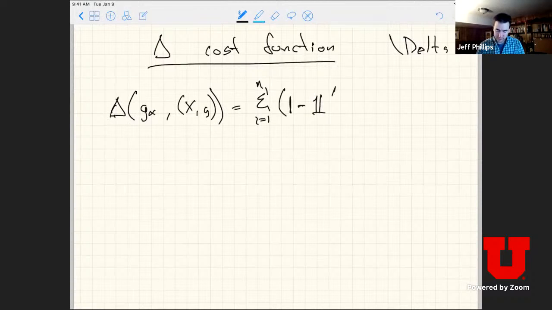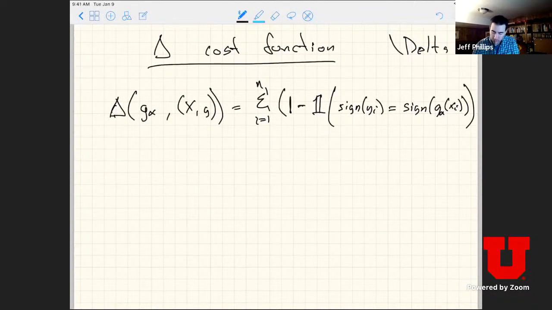I'll write this and explain more carefully what it is if you haven't heard of an identity function before. It's going to compare the sign of yi, check whether that's equal to the sign of g alpha of xi. Okay, it's 1 minus that.